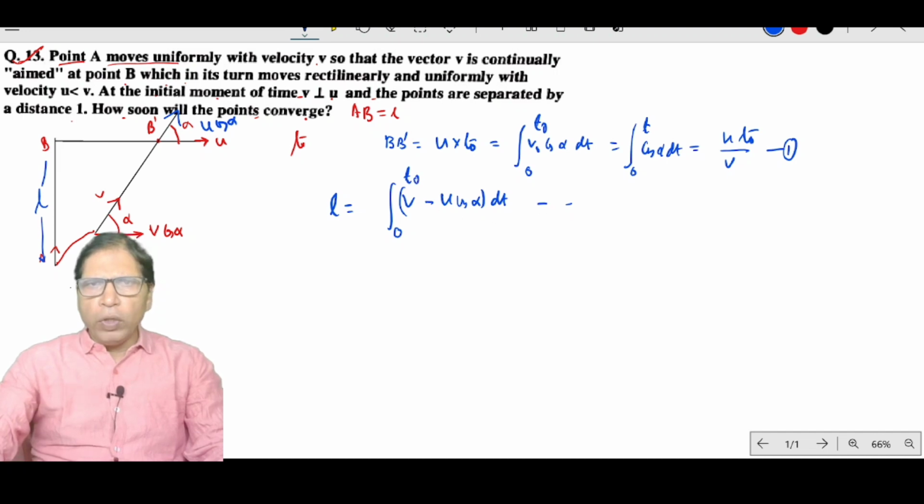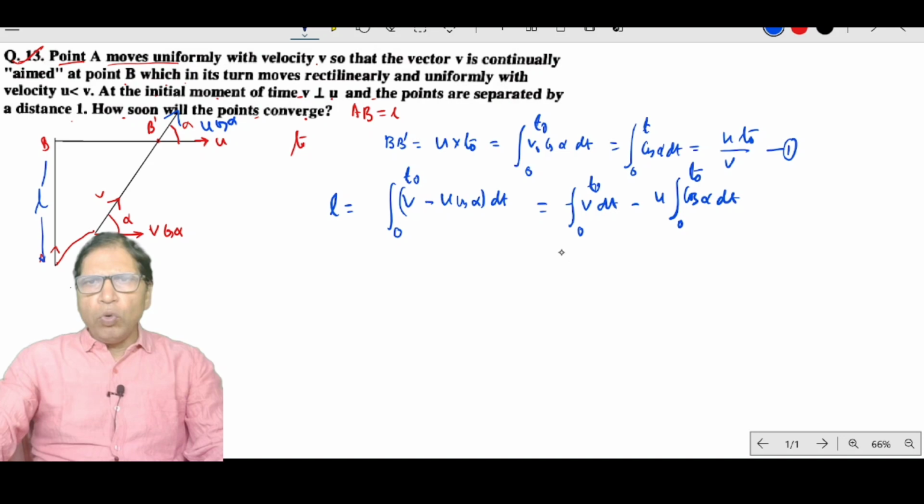So here it is the integral of v dt from 0 to t naught minus the integral of u cos alpha dt from 0 to t naught.